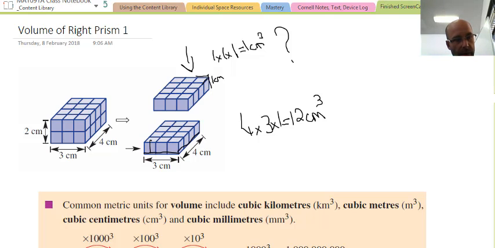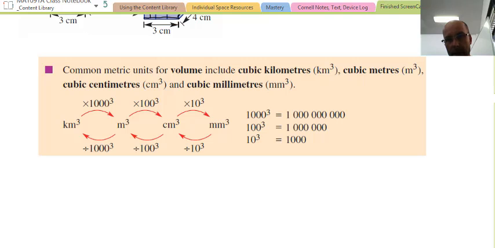So volume is an extra dimension on top of area, I suppose, and we're talking about an amount of space inside a solid body. And we need to look at conversions just as we did with length and we did with area.